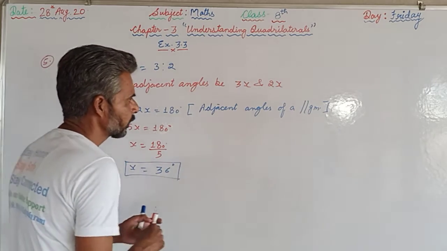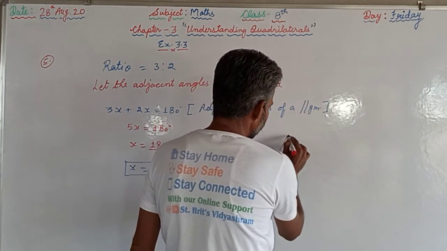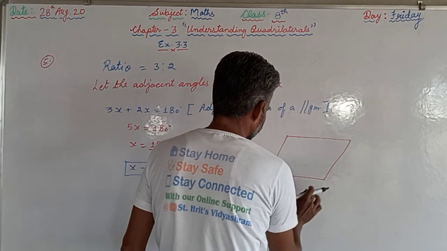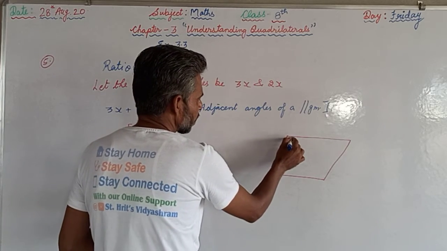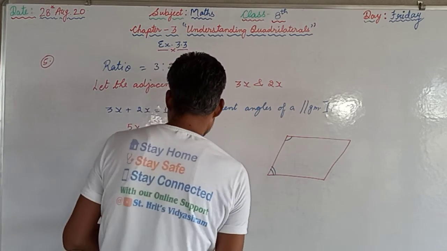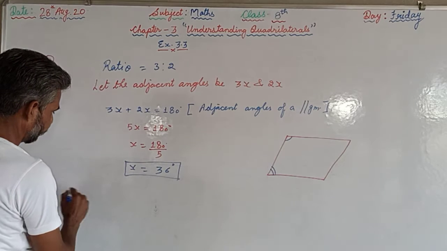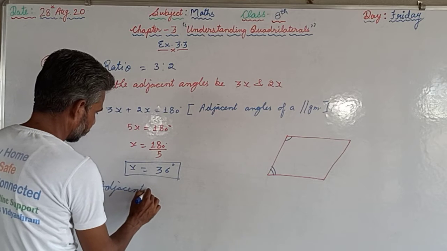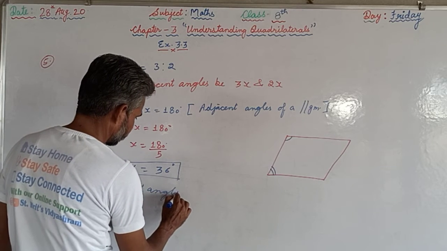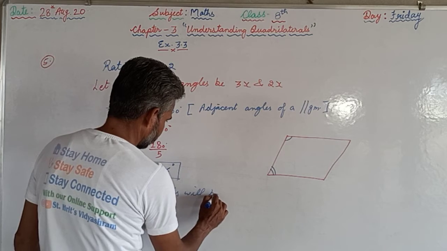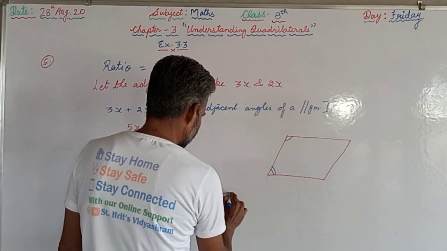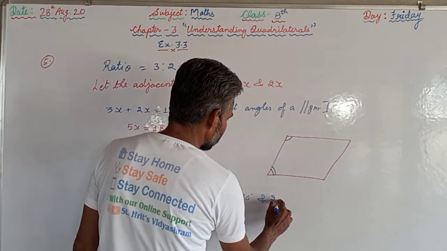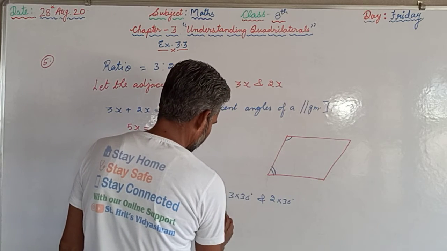So the other angles will be, we can draw the diagram. These are the adjacent angles. So the adjacent angles will be 3x, meaning 3 into 36, and 2x, 2 into 36.